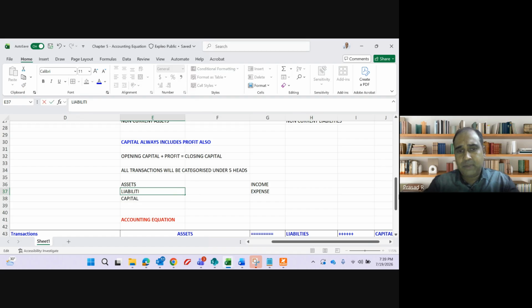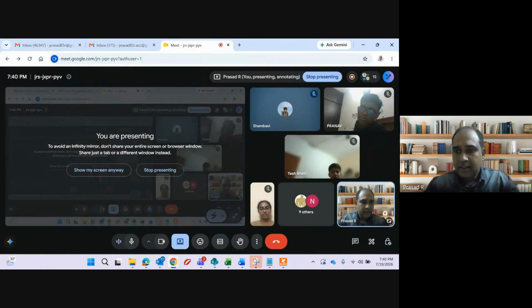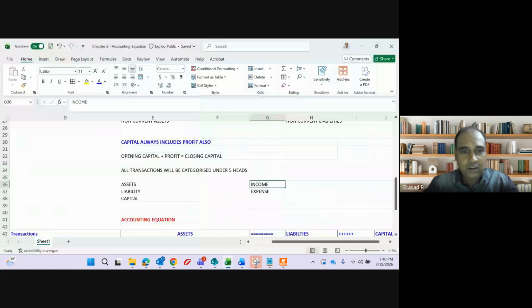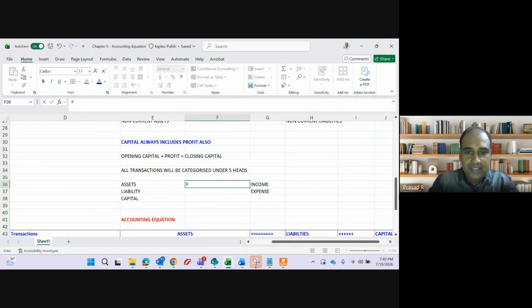Assets, liability, capital, income and expense. Okay. So asset, we all know, furniture, building, cash, these are called assets. Example of assets is furniture, building, cash.